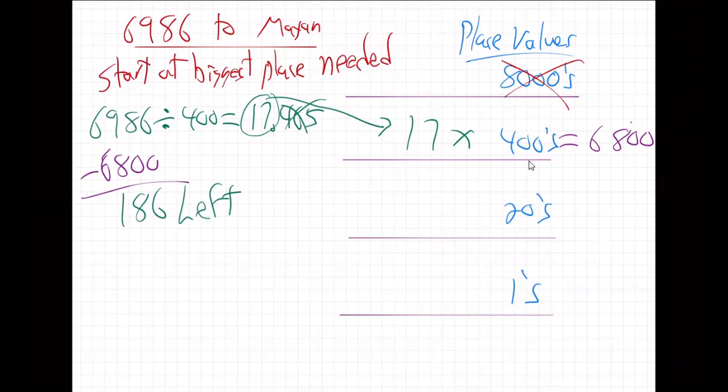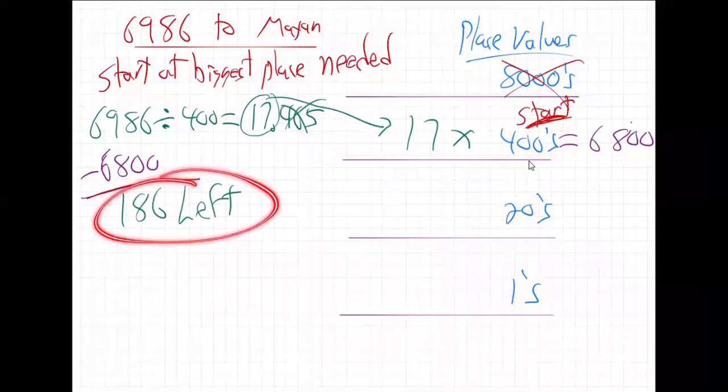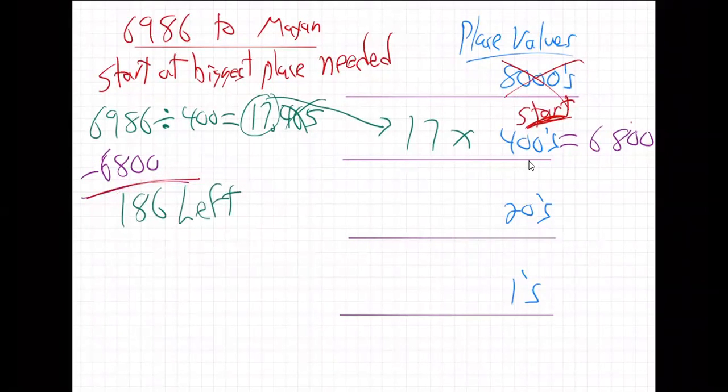I didn't need any 8,000s, so I started right here at the 400s place. And I divided. I said I need 17 400s, and 17 400s, I multiplied. That's 6,800. So subtract 6,800. And after subtracting 6,800, that leaves 186 left to go.